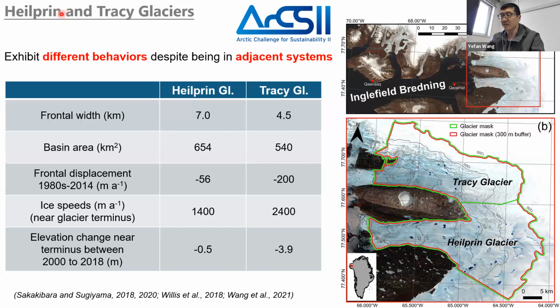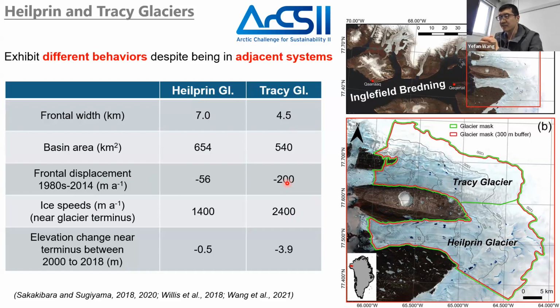Another interesting reason is that these two glaciers exhibit different behaviors even though they are in adjacent systems. We can see this table. These two glaciers are comparable in size and frontal width, but for frontal displacement, ice speed, and elevation changes, the Tracy Glacier is more active and more dynamic.